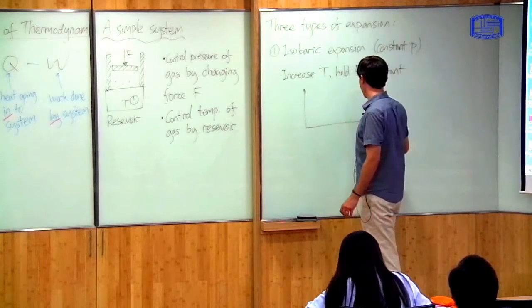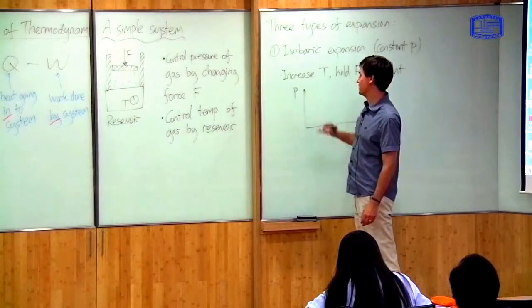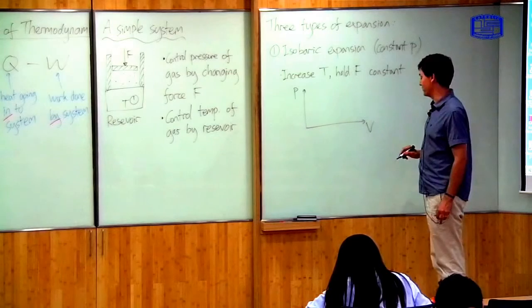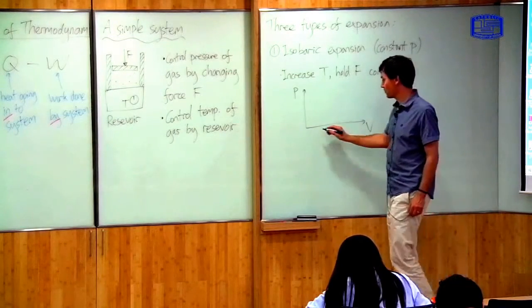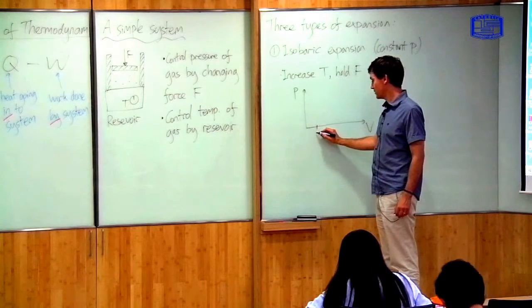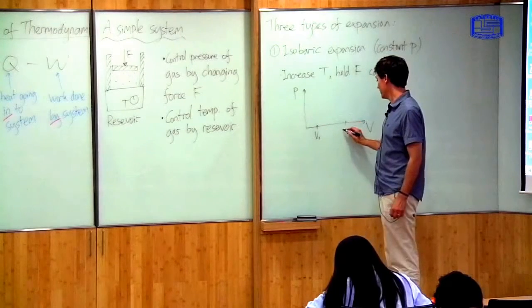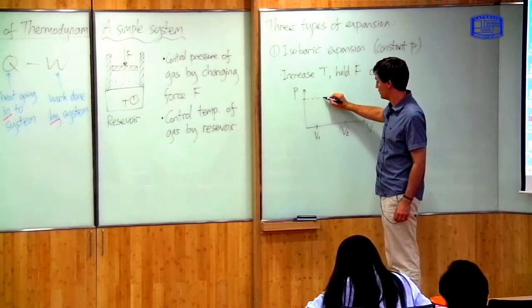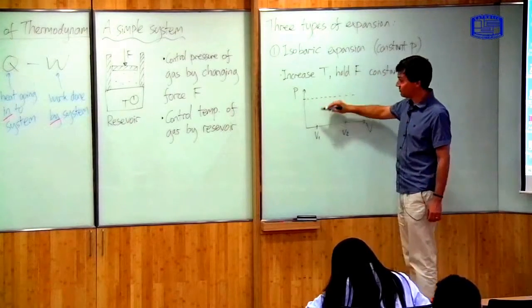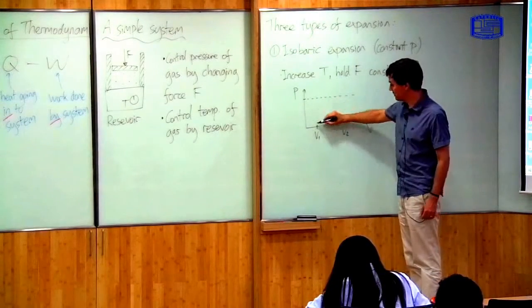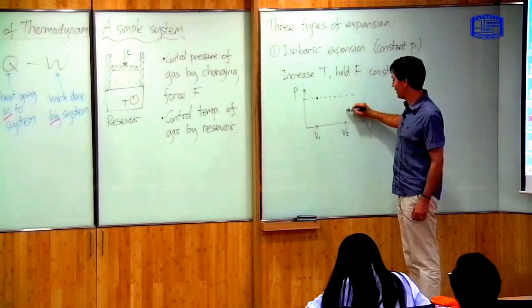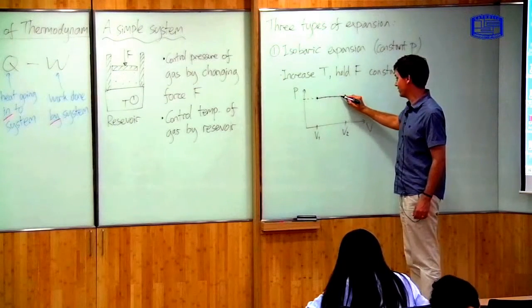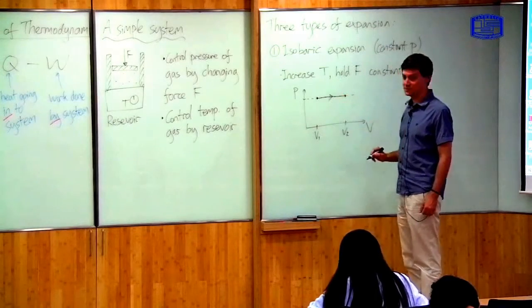I can plot the behavior of the system on what's known as a pressure-volume diagram. So we put pressure at the top, volume at the bottom. We start at some certain volume V1 and end up at some other volume V2. Because we hold the force constant, the pressure is constant. So if I start there and I end up here, then we just move in a straight horizontal line on this diagram.